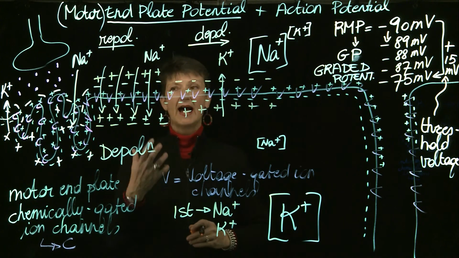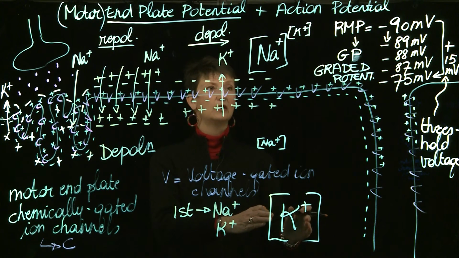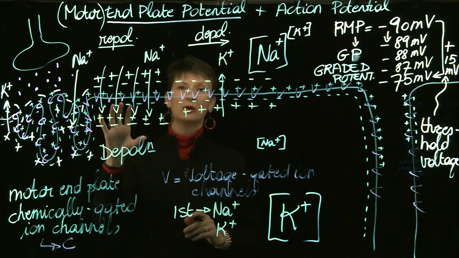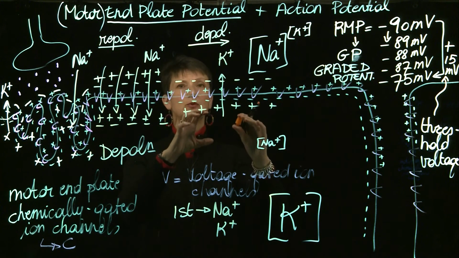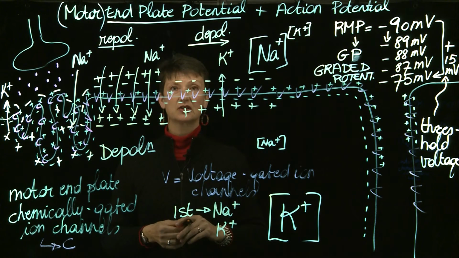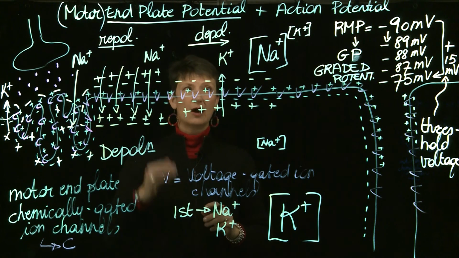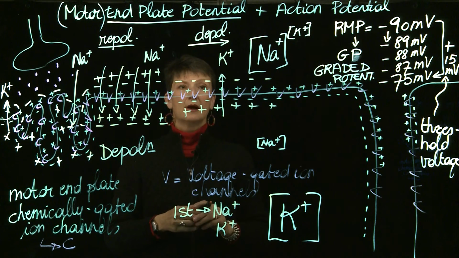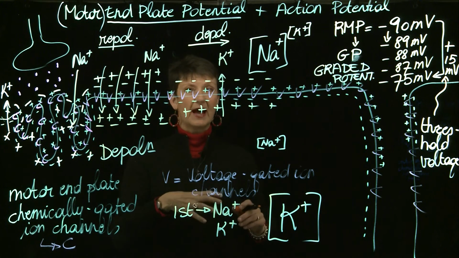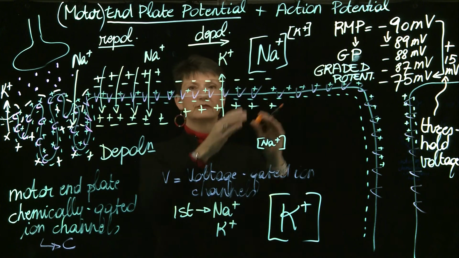Remember that potassium has a concentration gradient that is going to allow it to leave the cell. So when the cell is depolarized, meaning that the inside is much more positive compared to the outside due to the influx of positively charged sodium particles, and we now shut the channels that allow the influx of sodium, but we open up potassium channels, then potassium can leave through those channels, and it takes with it positive charges.